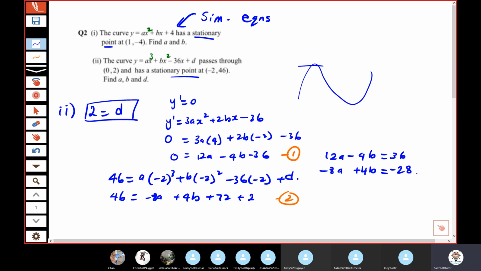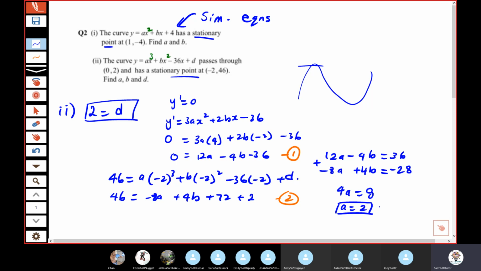What did you get, Eden? A equals 2. 12, 8 is 4a. 36 take away 28 is 12. No, it's 8. Sorry. 8. Which means A equals 2. Good job. And have you found B yet? B is -3.